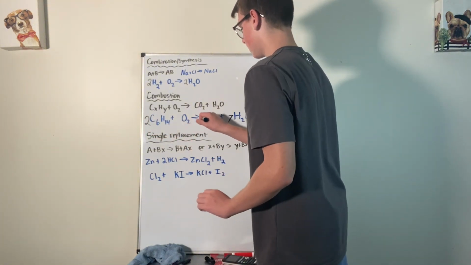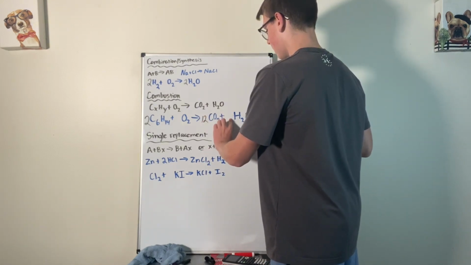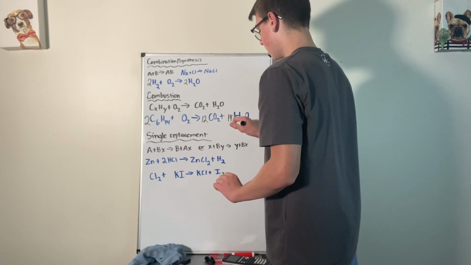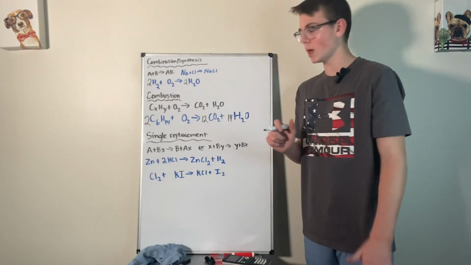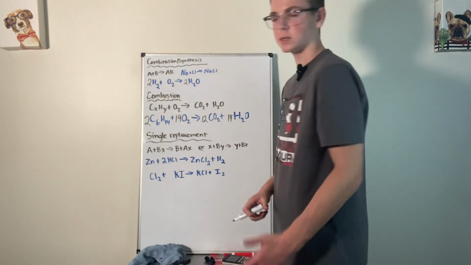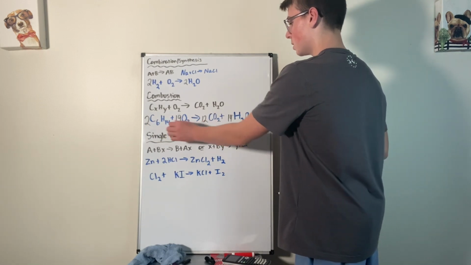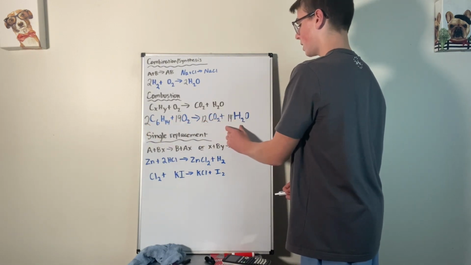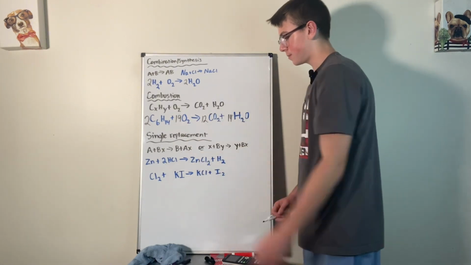So that 6 becomes a 12. That becomes a 14. And then we have 24 plus 14 is 38. And this will be a 19, because 19 times 2 is 38. So 12 carbons, 28 hydrogens, 24 plus 14 is 38, 38 right here.